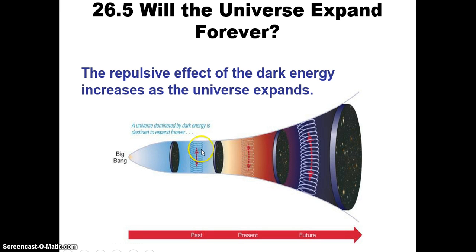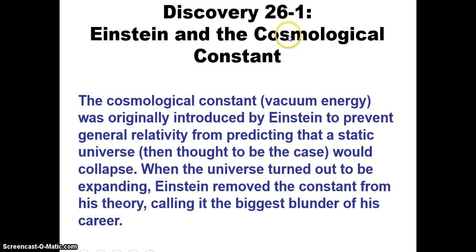The spring is pushing the universe apart at a certain rate, and then as time goes on, it's pushing with greater force, and so the universe accelerates its expansion. That is what was discovered, and all the evidence shows that this is true. It's a very bizarre thing, but it's very odd.